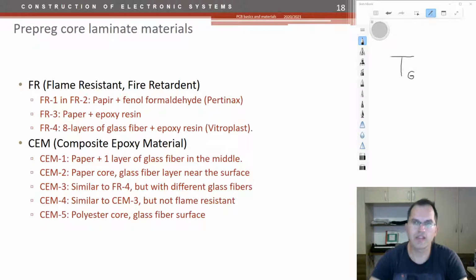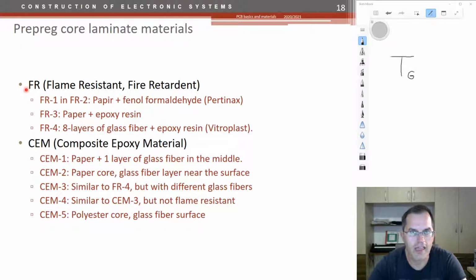All right, let's go into the materials a little bit more in detail. Here I'm listing the basic pre-preg core laminate materials. Let me remind you that a pre-preg is a pre-impregnated cloth made of epoxy resin, or a resin as it is, with some reinforcement, either paper or glass fiber. We have two main groups of materials for that.